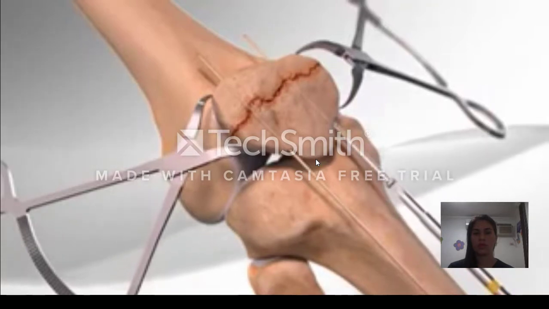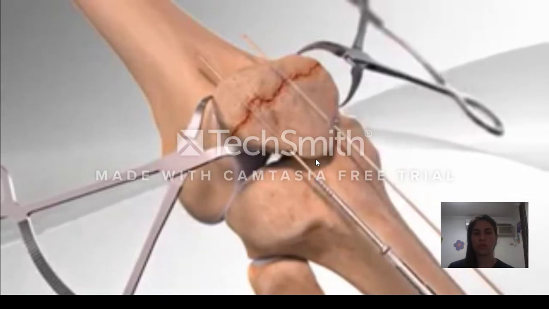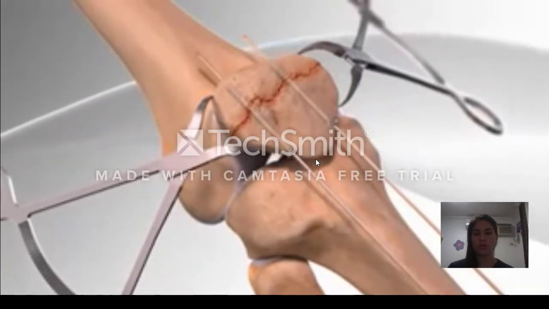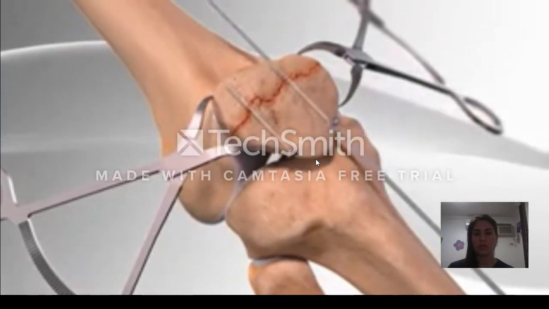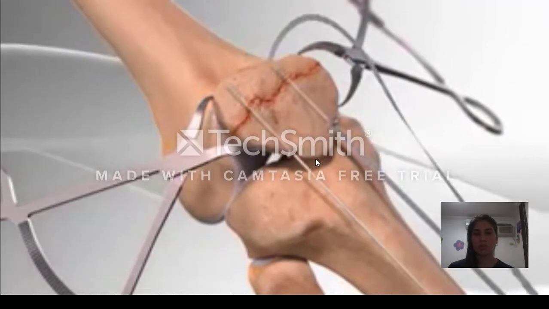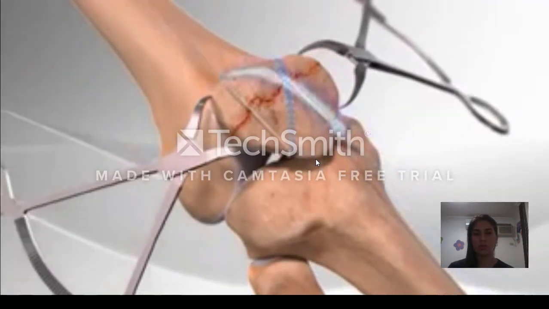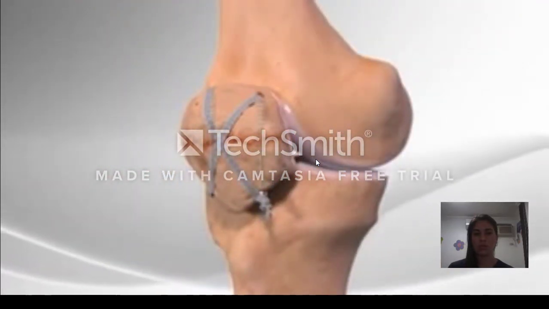Then the correct screws are placed into the drilled holes, and sutures are placed through the screws to make a figure 8 pattern over the patella, holding the bone structure together. This completes the repair of the patella.